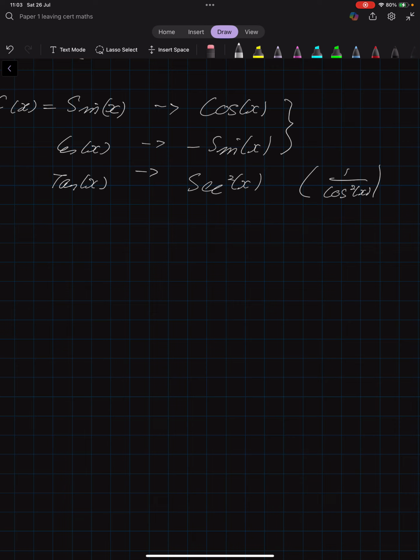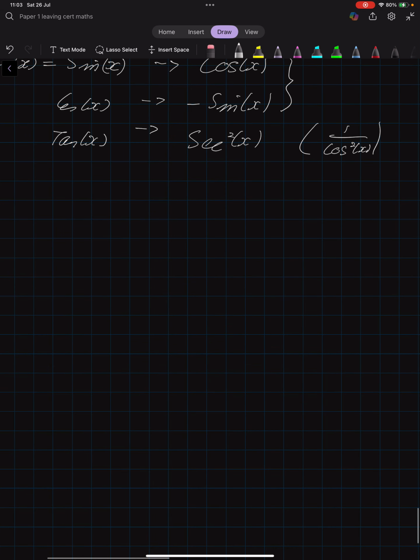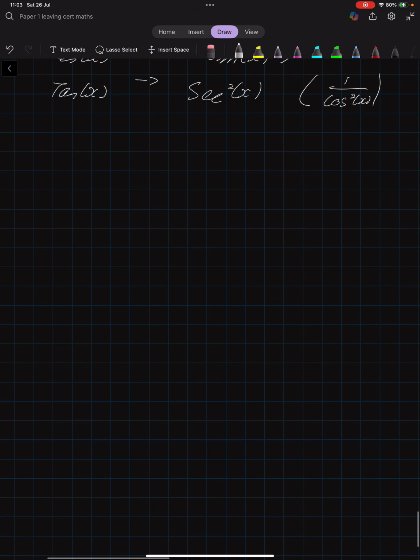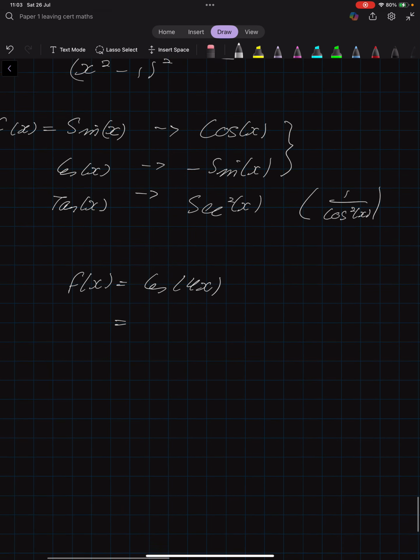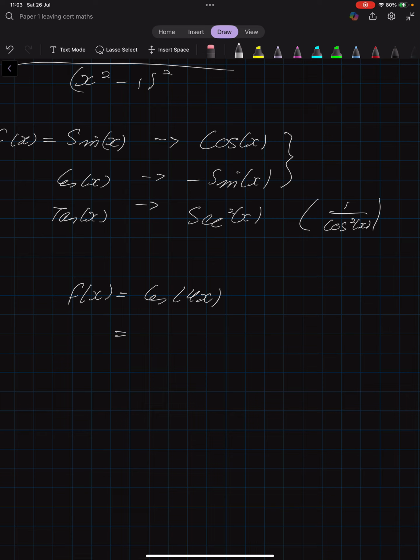I'll do a couple of derivatives with sines and coses. So let's say you are asked to differentiate f of x equals cos 4x. This is the chain rule. You'd say, well, do I know how to differentiate cos 4x? No. But can I differentiate cos x? Yes. If I differentiate cos x, I get minus sine x.